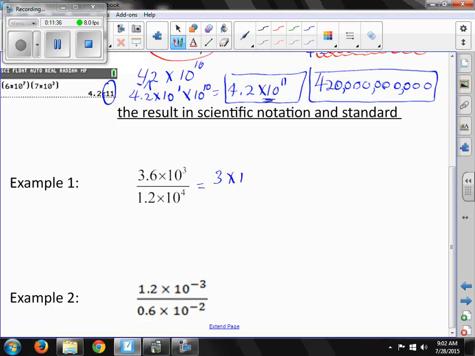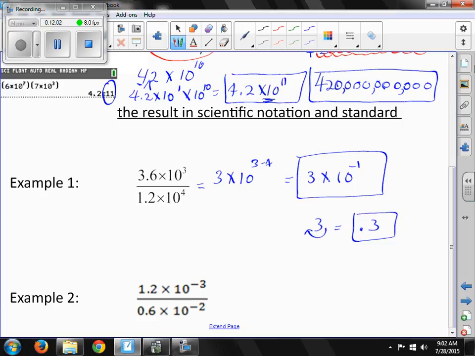Times 10, and you know you subtract the exponent, so you'll have 3 minus 4, which would give you 3 times 10 to the negative 1. So there it is in scientific notation. In order to get it in standard notation, I'll have to take that 3 and move the decimal 1 time to the left. So in standard notation, it would be 0.3.